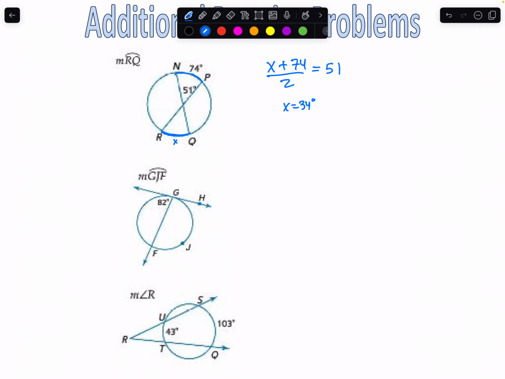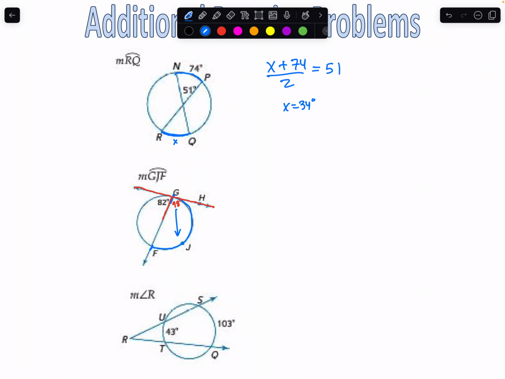Next, GJF. GJF is this component. There are 2 ways of approaching this. This is still a linear pair, so I can form a straight line. I know 82 plus something should give me 180. So 180 minus 82 is 98 degrees. That's this little piece. Once I have that, multiply it by 2. That's really the rule of an inscribed angle, right?